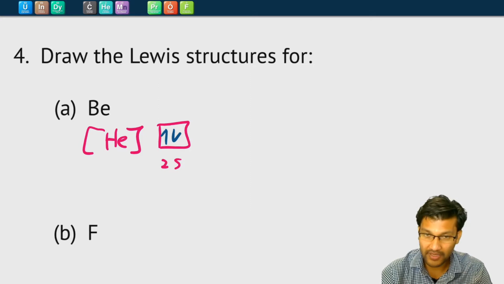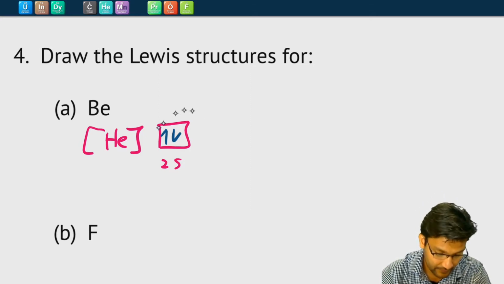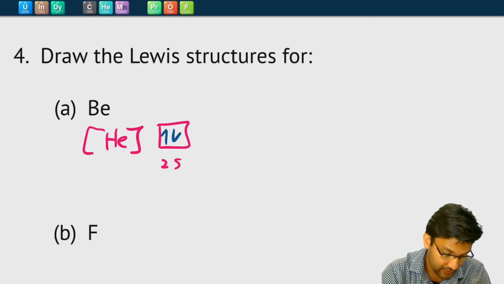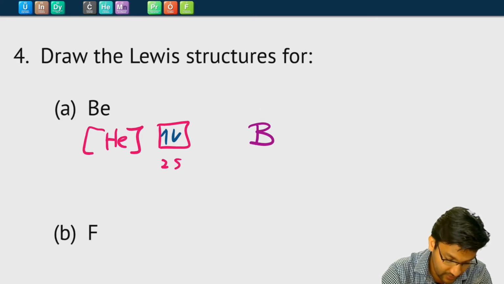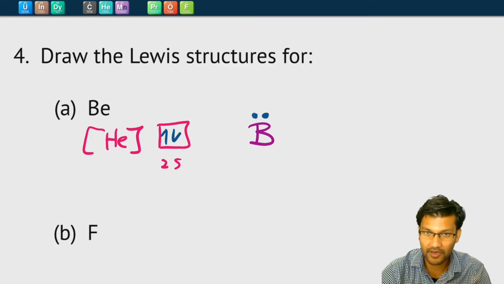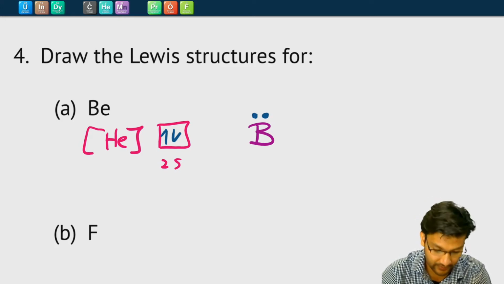So how many valence electrons does beryllium have? Only 2. So if we're going to draw the Lewis structure for beryllium, it'll be beryllium with 2 electrons and they're paired, so 2 dots right next to each other. I'm going to use a different color to represent those dots. There we go. 2 dots for the valence electrons that are paired.